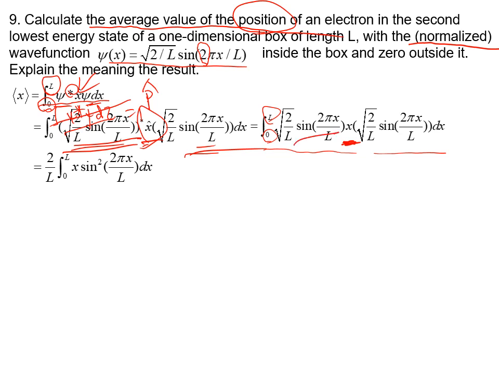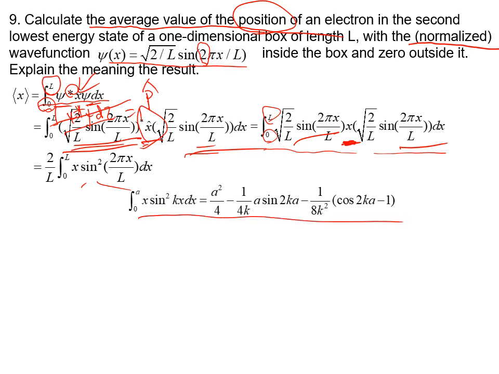Then the wave function sine squared times x, and in a calculus book we'll find a standard integral like this, x times sine squared kx. So that means 2 pi x divided by L, and 2 pi divided by L is k.